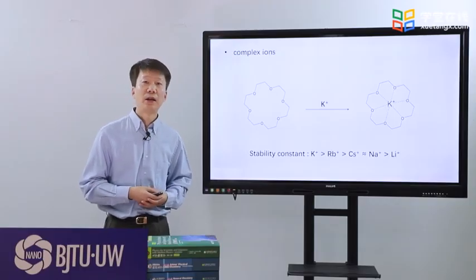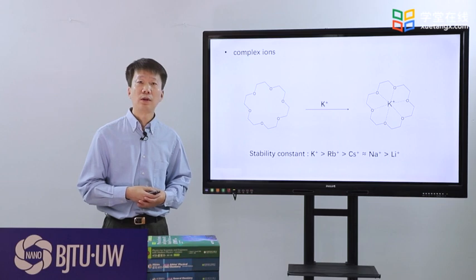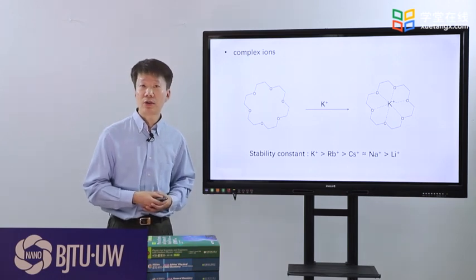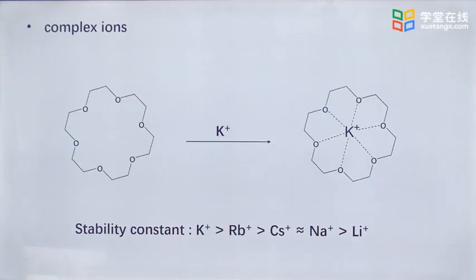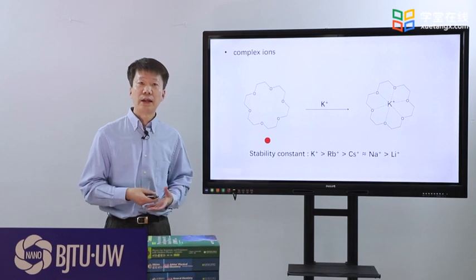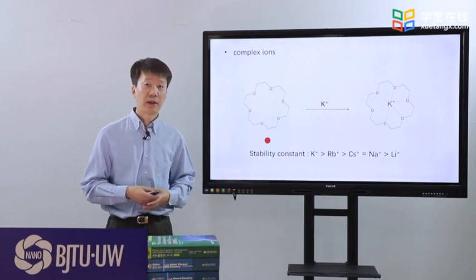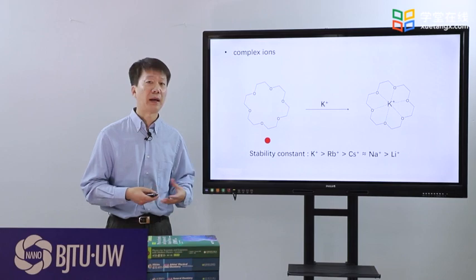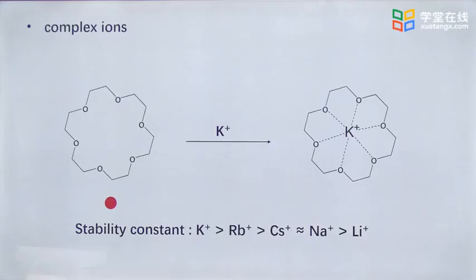Alkali metal ions are positively charged and will attract negatively charged species. Oxygen atoms in a polyether, like the crown ether shown here, are electron-rich. The electrostatic interaction between the metal ions and the oxygen gives the complex ions, as shown on the slide.